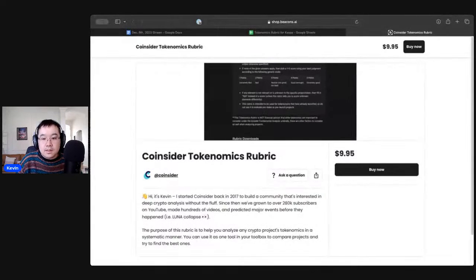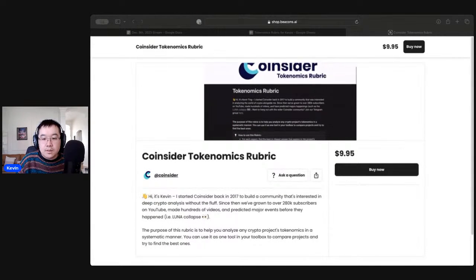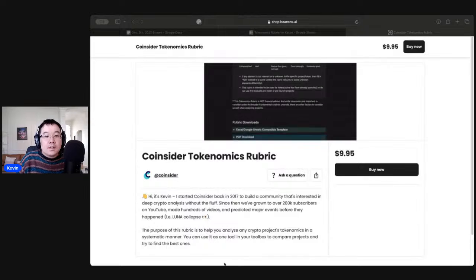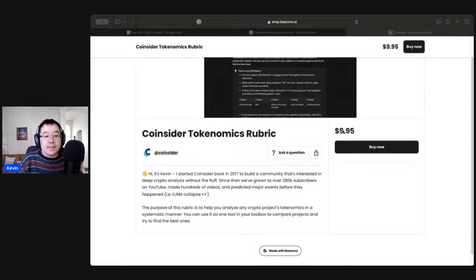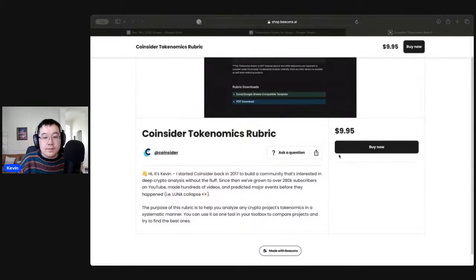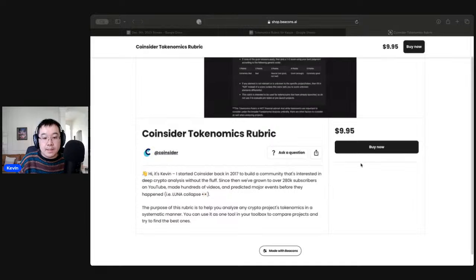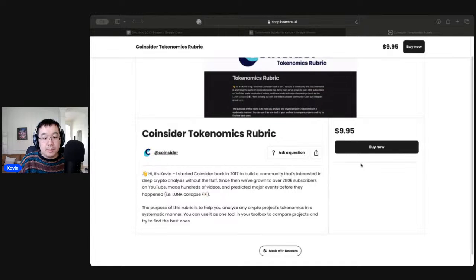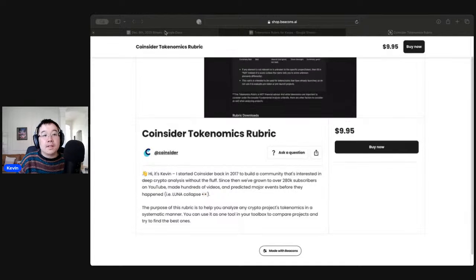Let me share, one sec. Share screen. Okay. Here we go. So this is the page to buy. Like I said, it's $9.95. And then if you buy it, you'll get the link to the page and you'll be able to use it straight up.